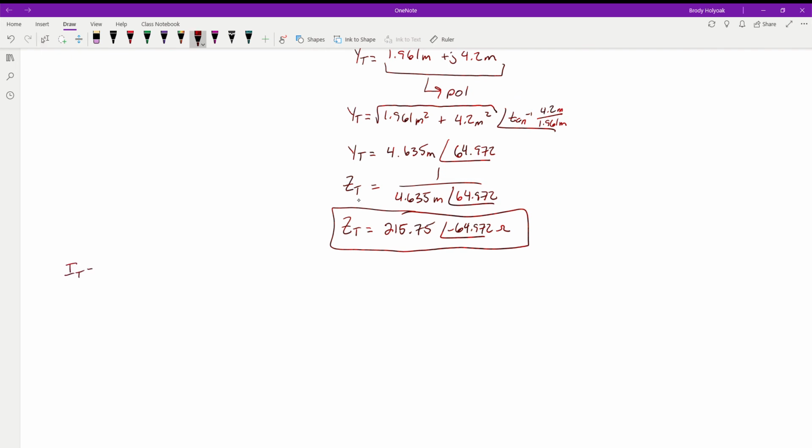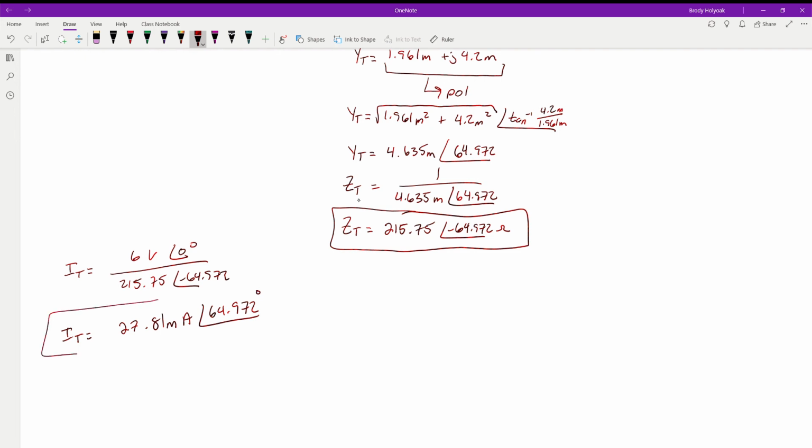The current total is equal to our voltage at 0 degrees divided by the 215.75 at negative 64.972. So the current comes out to be 27.81 milliamps at 64.972 degrees, and that is our current total.